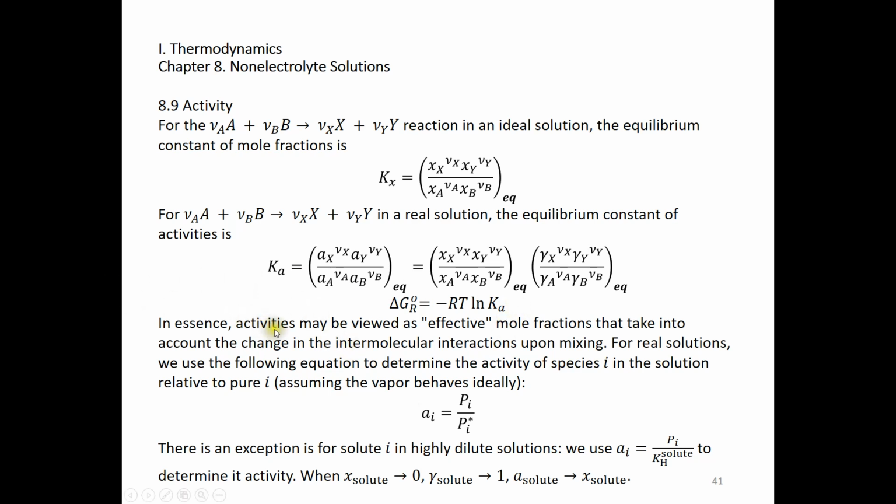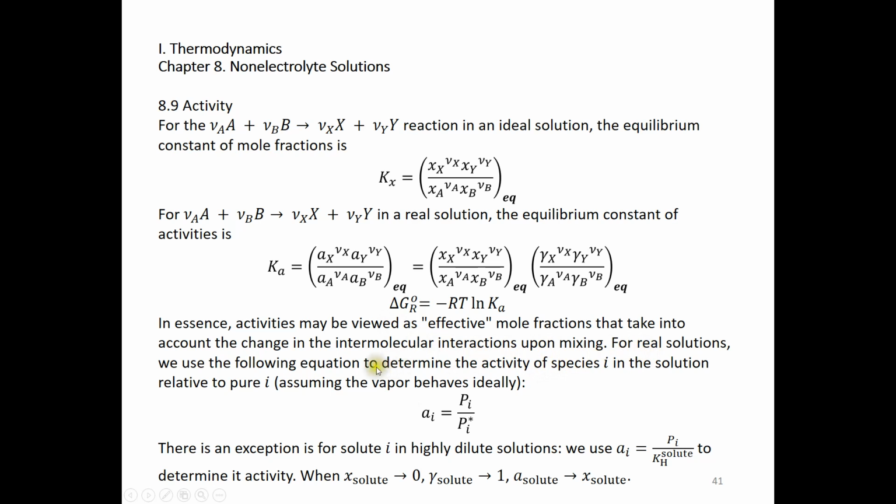In essence, activities are the effective mole fractions that take into account the change in the intermolecular interactions upon mixing. Again, if we have two components A and B in a real solution, the AB interaction is different from the AA interaction. The AB interaction is different from the BB interaction. Therefore, upon mixing, each molecule in this solution is feeling a different amount of attraction or a different amount of intermolecular interaction. So we need to take that into account in the Gibbs energy.